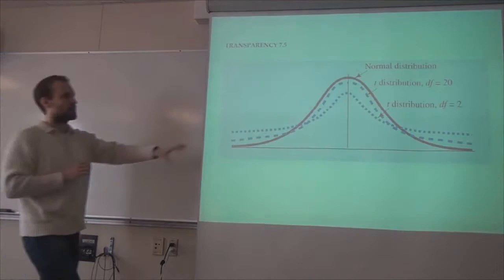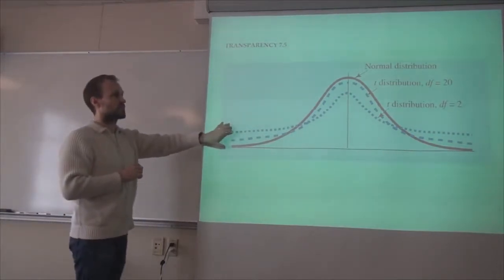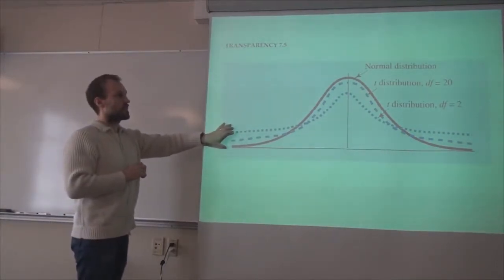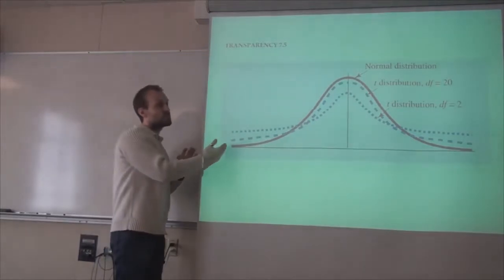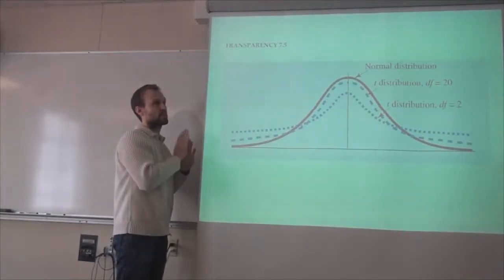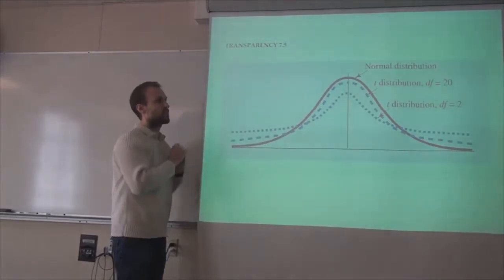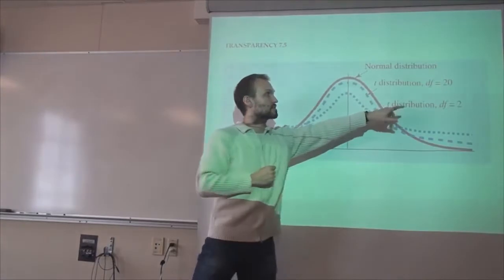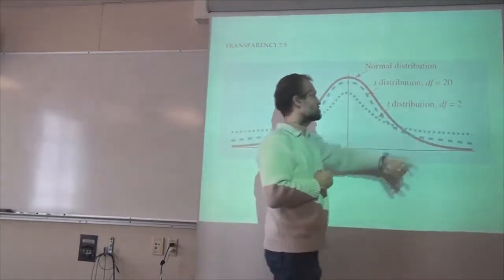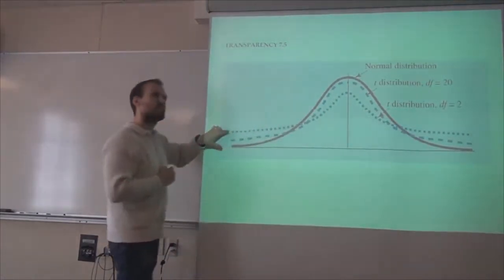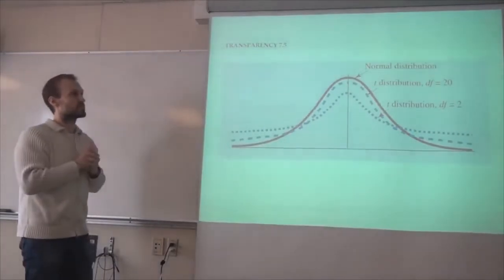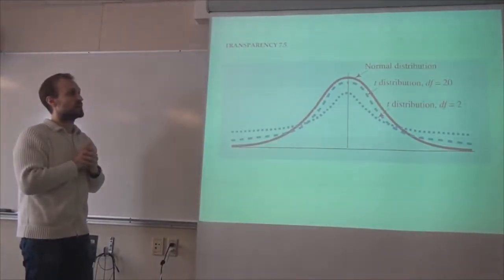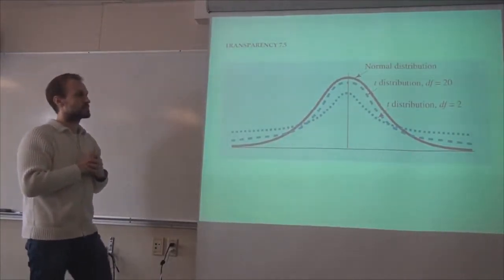So I want to have a bigger tail here, so that in my hypothesis test, I'm going to have to be more extreme before I make a decision. Bigger tail for a small sample size. Sample size minus 1 is the degrees of freedom. So for a very small sample size, I have a nice big tail to compensate for the possible mistake I could have made by estimating the variance.